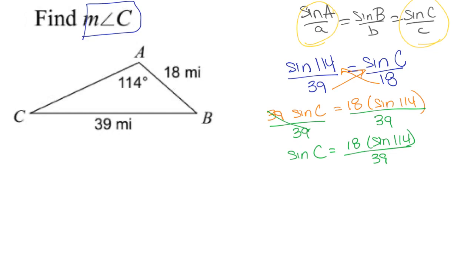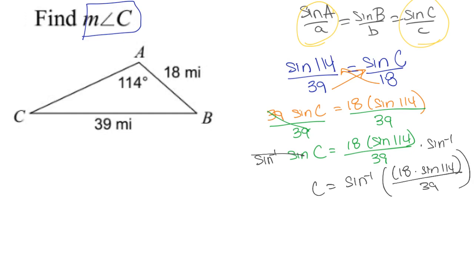So I know that if I multiply this side by the inverse and this side by the inverse, a function times its inverse is going to cancel out. So I'm going to get C equals, and I'm just going to bring the sine inverse out front. Then I'm going to have 18 times the sine of 114 divided by 39. My calculator is still in degree mode because that's what we're working in.